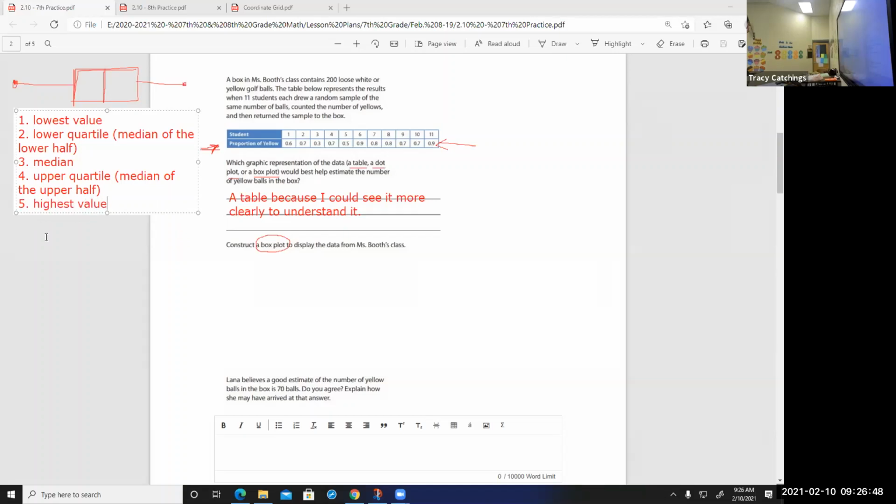When making a box plot, the lowest and the highest are the easiest to go ahead and place. But looking at our values, what can we count on our number line? What value should we count with?